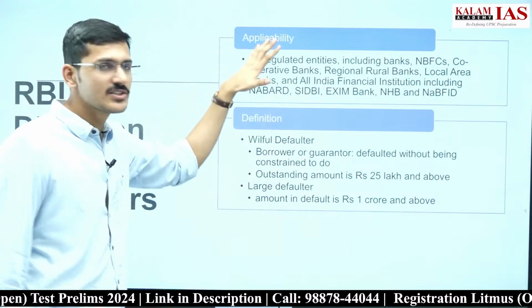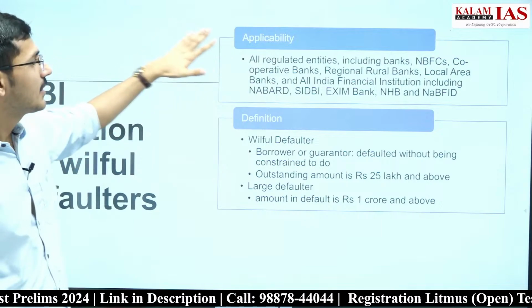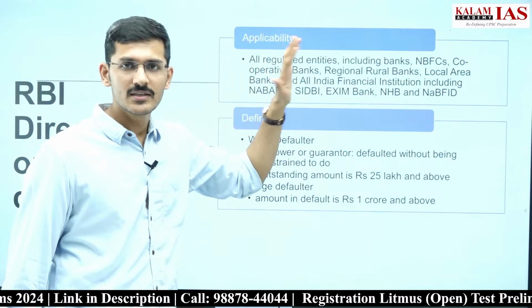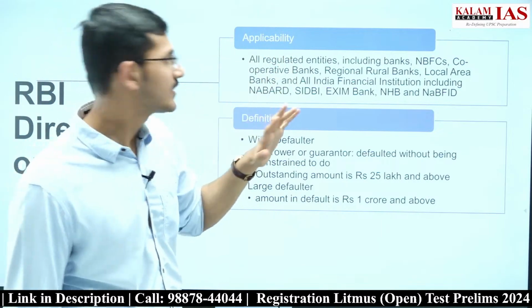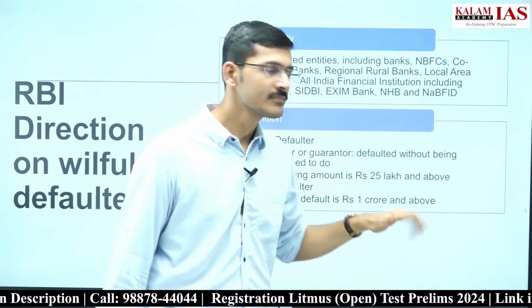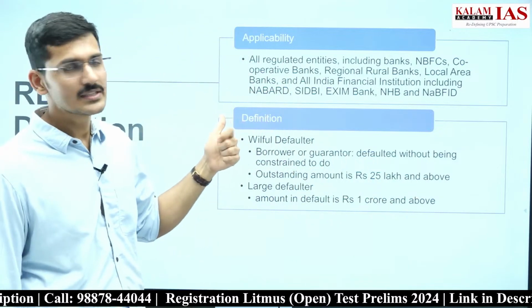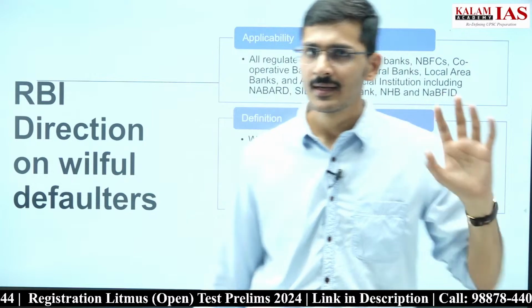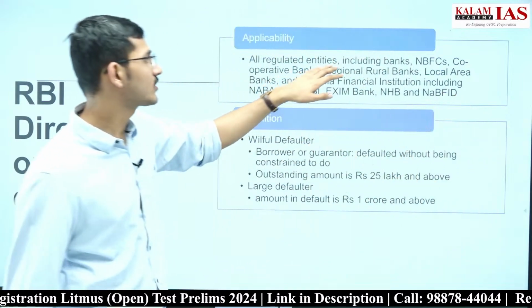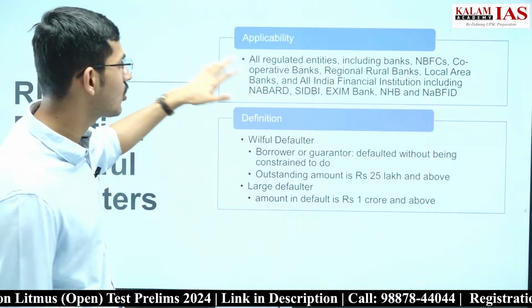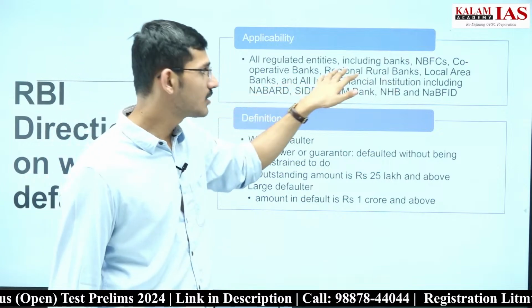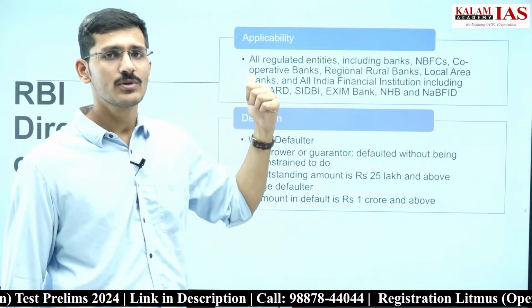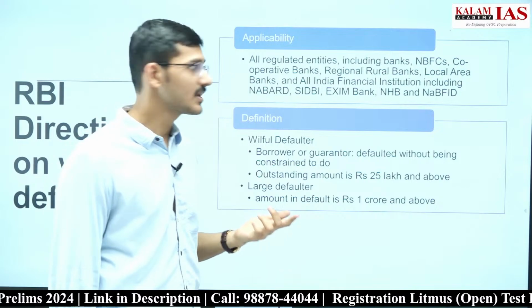Now, which are the organizations on which it is applicable? It is applicable to all the entities regulated by the Reserve Bank of India. So, what are those? Banks are there, NBFCs are there, cooperative banks are there, regional rural banks, for example, they come under the NABARD regulation, but RBI also can give direction to them.